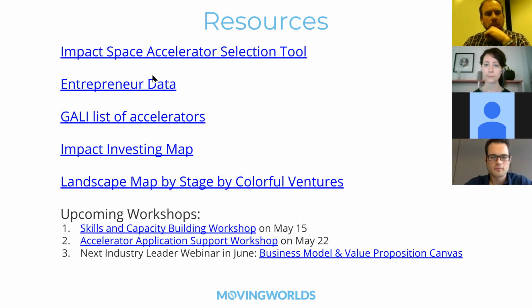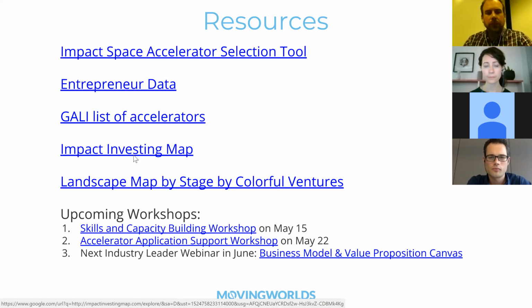And they have a big announcement next month with even more research coming. The Golly list of accelerators that was also shared by Brent really helps you further identify and do due diligence on those accelerators. And a few others, depending on if you're still wavering on that idea of, is acceleration right for me? Should I start to look at impact investing directly? You can see that there's an impact investing map and a landscape map as well that we will have shared.